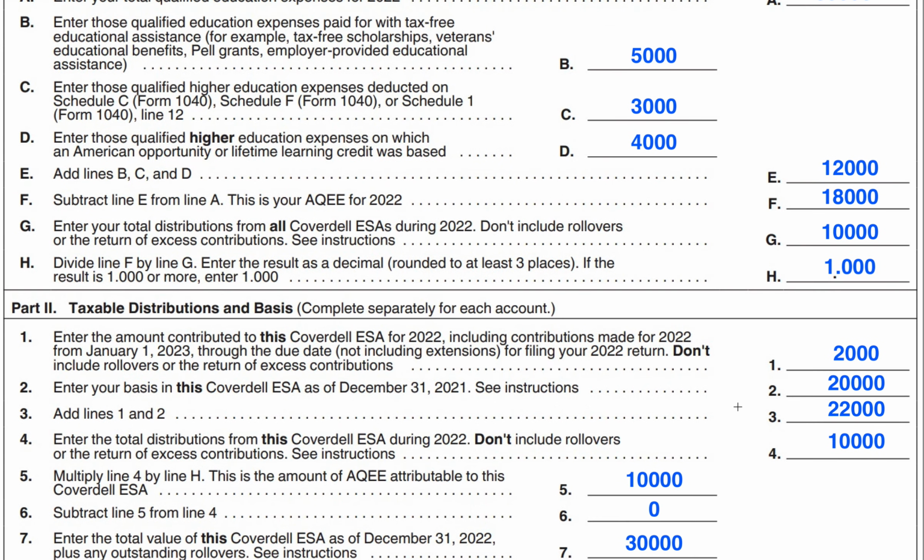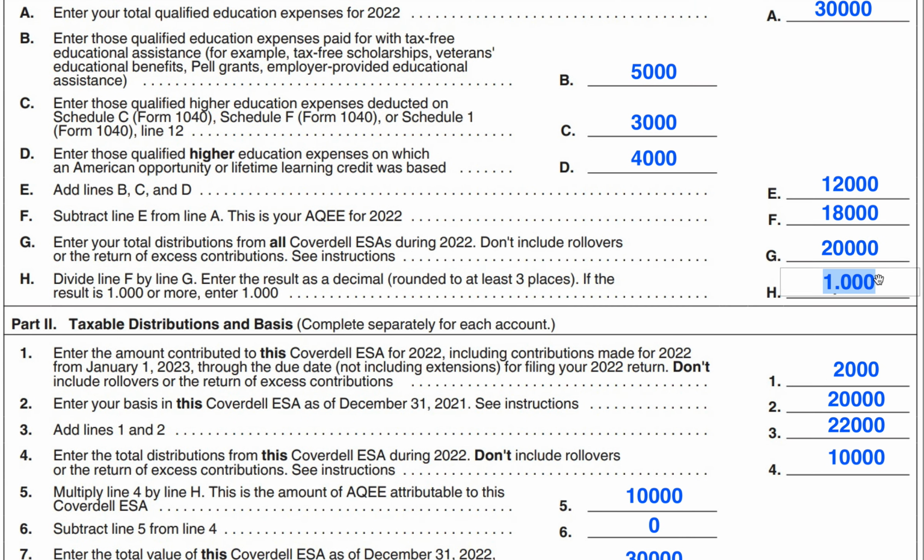So let's really quickly, let's just say that we had $18,000 of adjusted qualified expenses, but we had $20,000 of distributions. That means that most of our money should be tax-free, but not all of it. So we're going to divide line F by line G, and we get 90%.